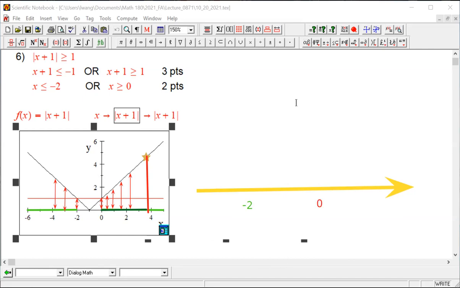So the solution would be all of these numbers. So it emphasizes the input only without considering the output. You follow me? Basically just showing the number line. So these are the two different ways of showing the picture.